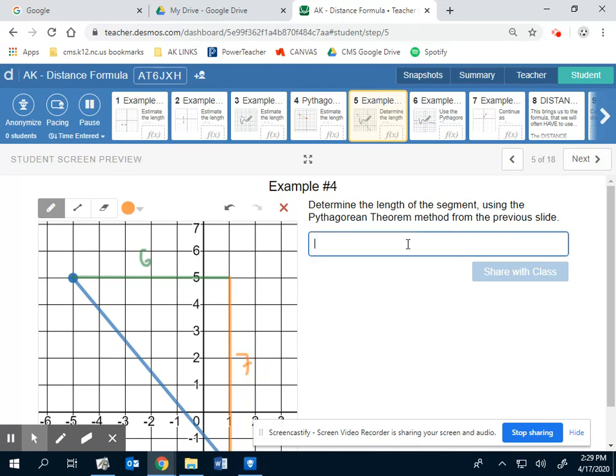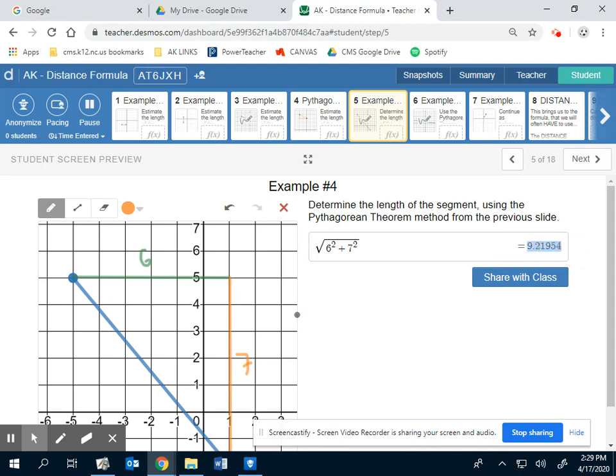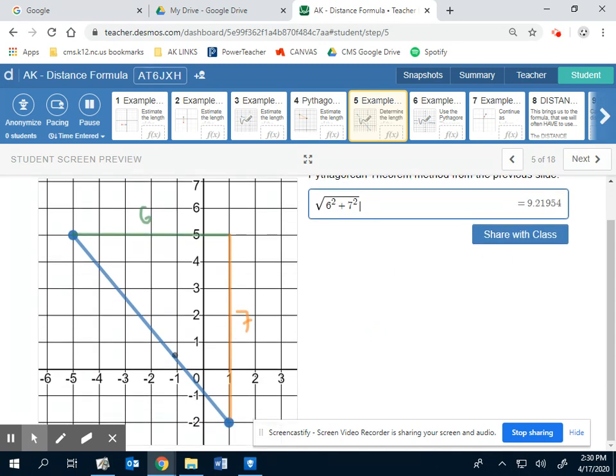And so to actually do our calculations, we start with the square root, then 6 squared plus 7 squared. Right? Remember to keep it all underneath the square root, and that means that our actual length of that segment is about 9.2.